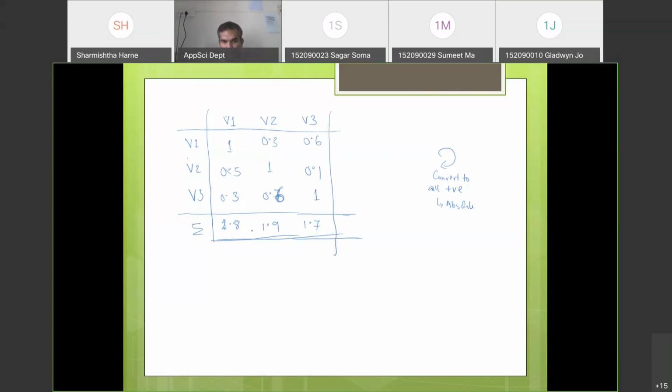Then we will add these also: 1.8, 1.9, 1.7. It will be 5.4, and this is the summation of these correlations. So till this, everybody is with me?